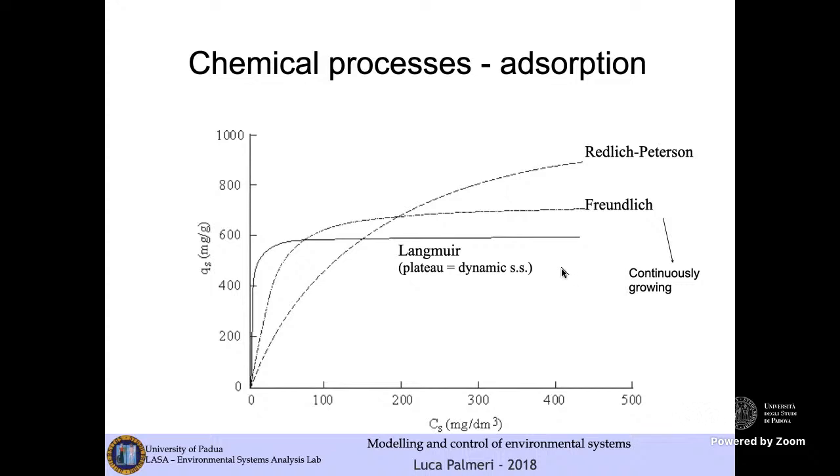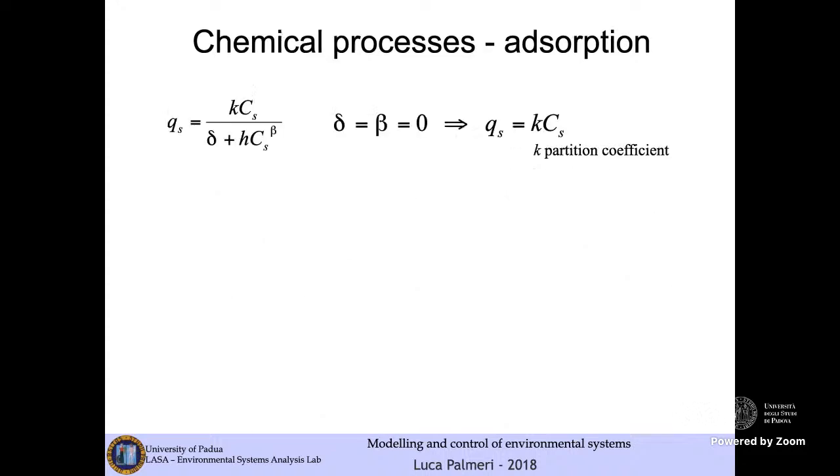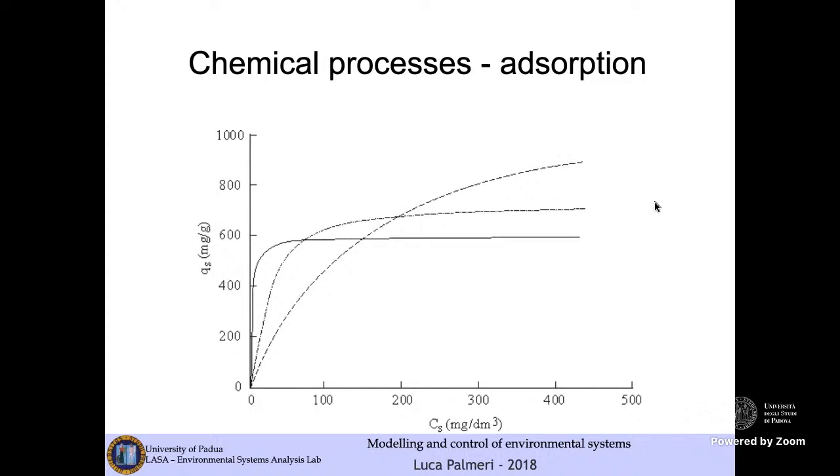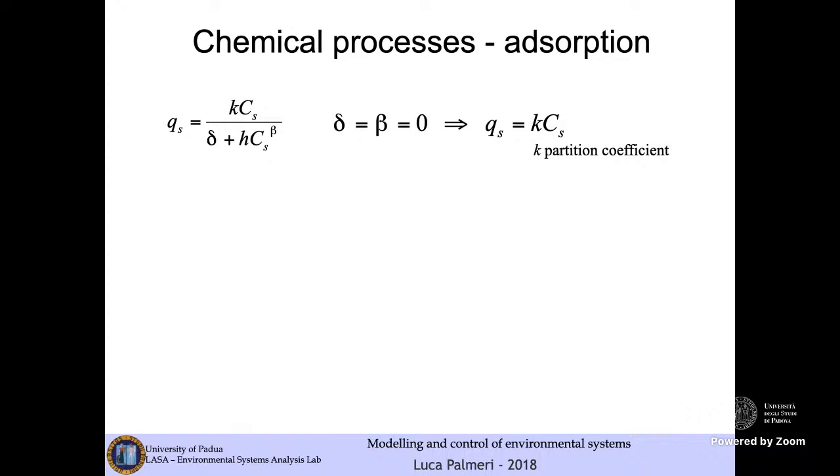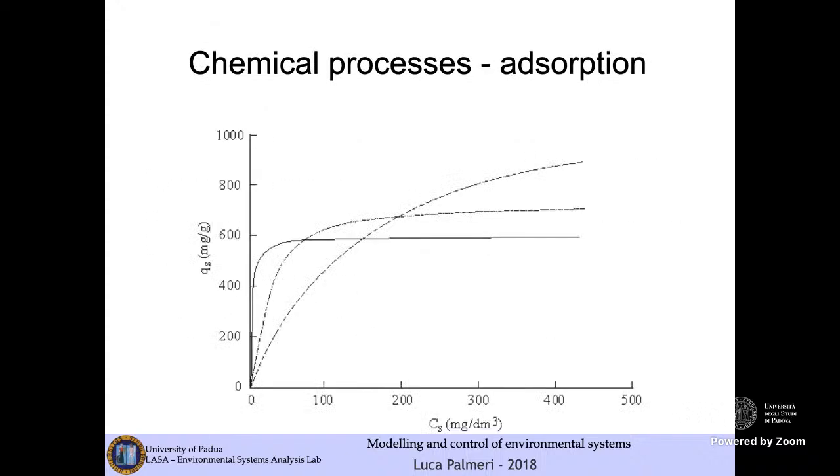I recall to you that all these three models are obtained in isothermal conditions, so you may ask yourself what happens if the temperature changes. Let's say that we obtain this curve when we have a temperature T1. Let's see if I can draw.